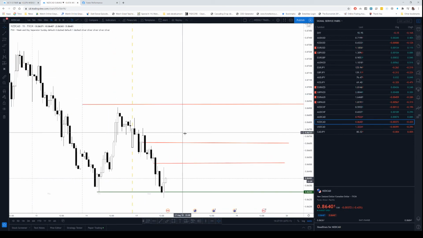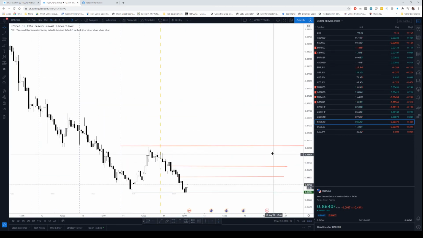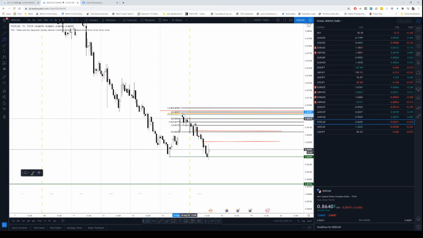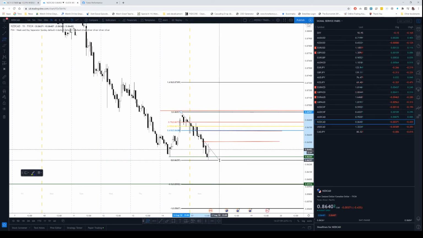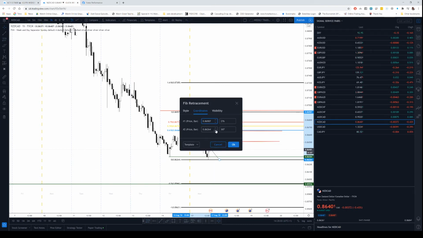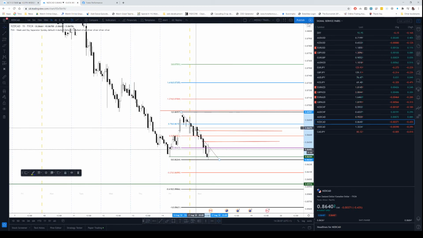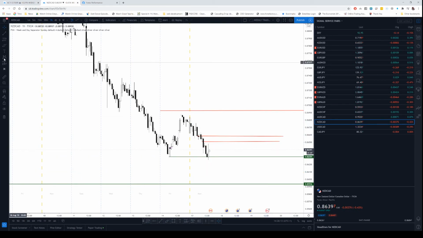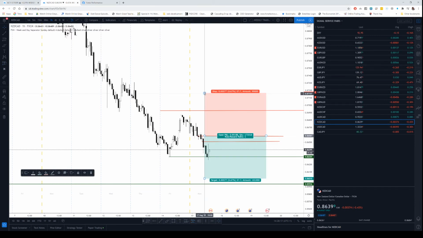Okay, so let's measure this range because we are closing back inside. Look for a sell here, with a stop just there and target that.